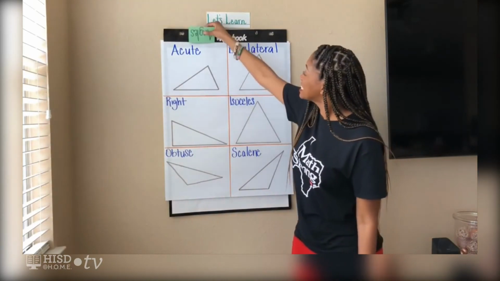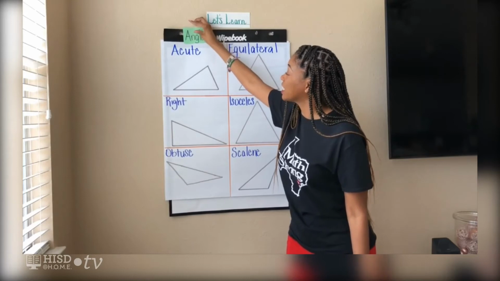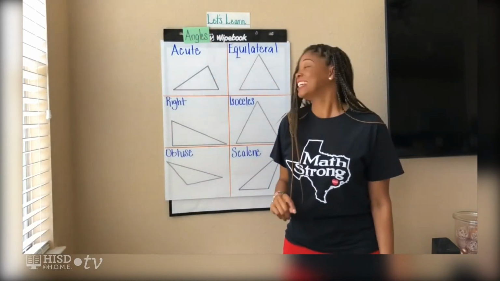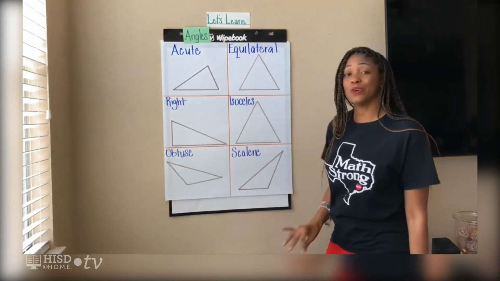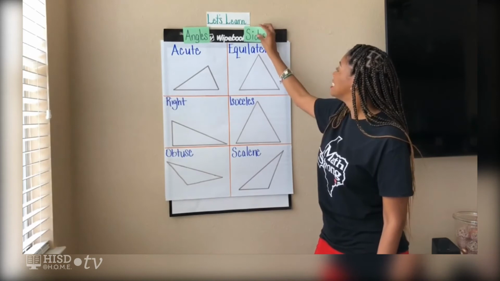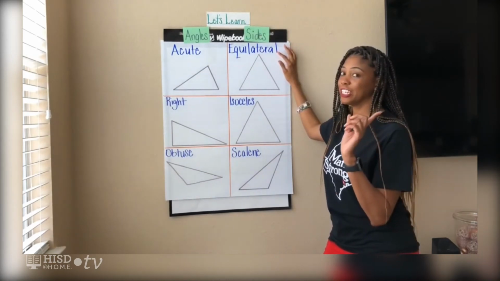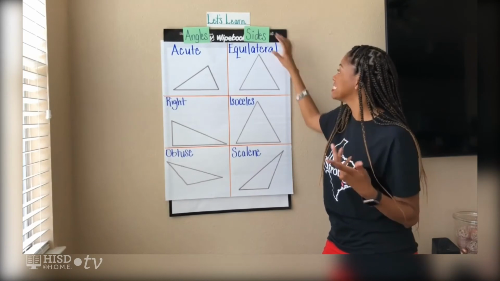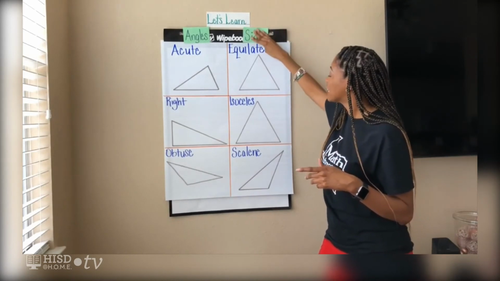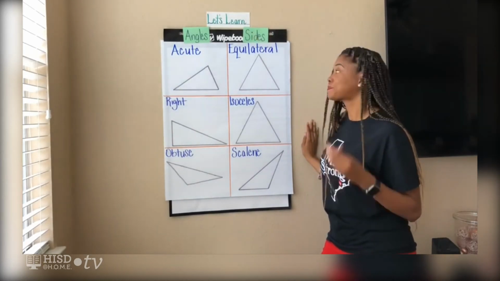So this section is going to be classifying the triangles by its angles. And this side is going to be classifying the triangles by its sides. Remember I told you the word lateral earlier meant sides? Same thing. So this side of our angle chart is going to classify the triangles by its sides.